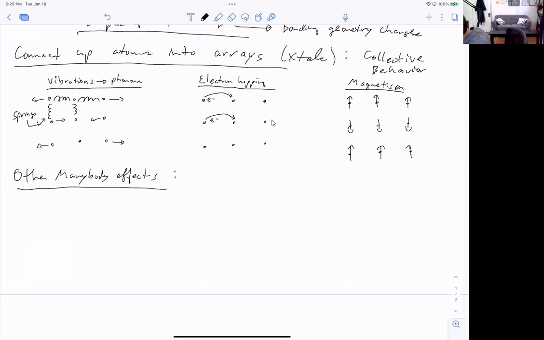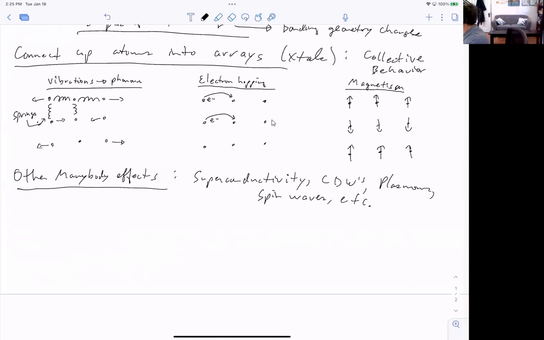These can lead to, for example, superconductivity, when the electrons pair up into Cooper pairs, CDWs, charge density waves, plasmons. We'll be talking about some of this stuff, not all of them. Spin waves. There are all kinds of different effects that can occur. And so the study of solid state physics is the study of all of these types of behavior.